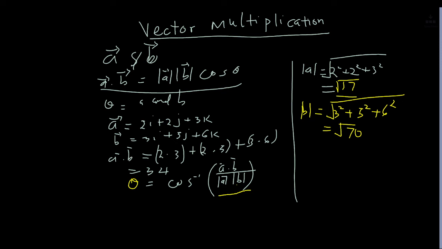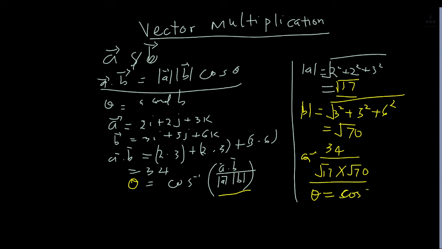Vector A dot vector B we got as 34. Then we divide by the magnitudes of these vectors, that is the square root of 17 multiplied by the square root of 70. Then we find the cos inverse.